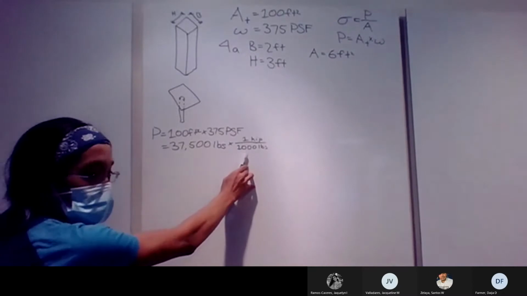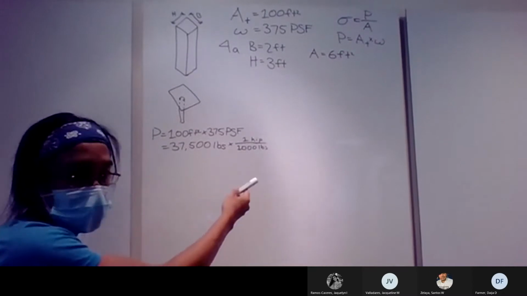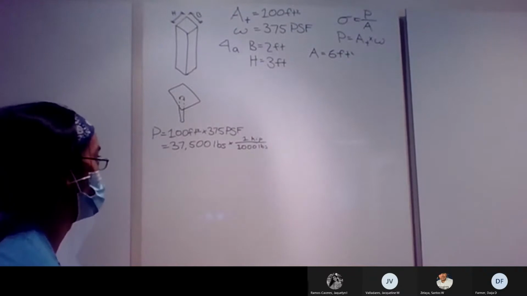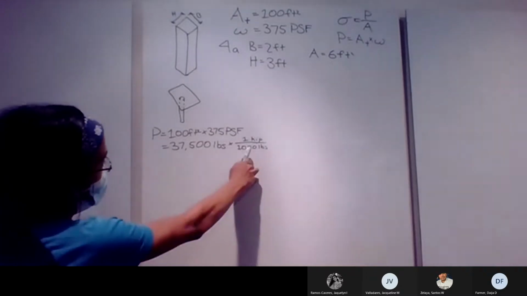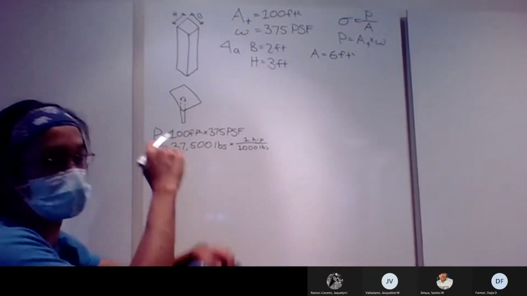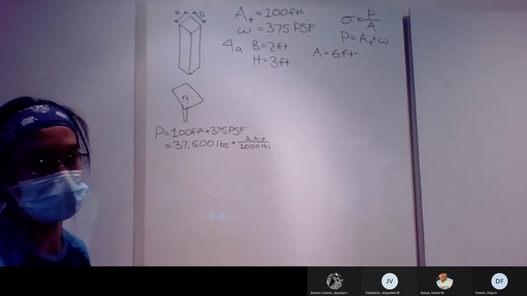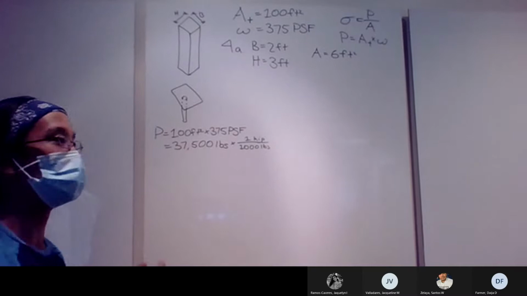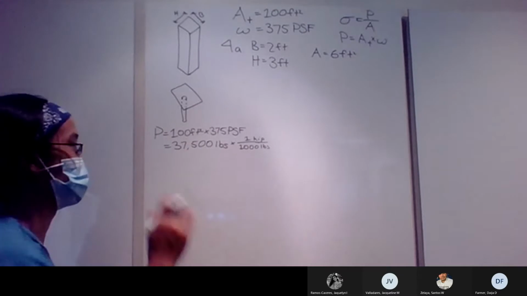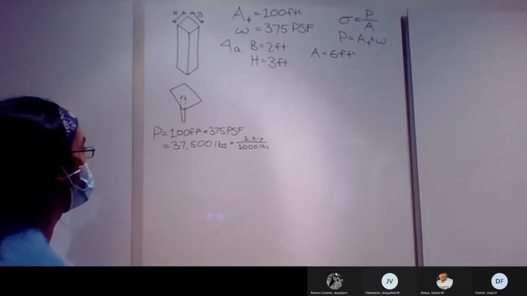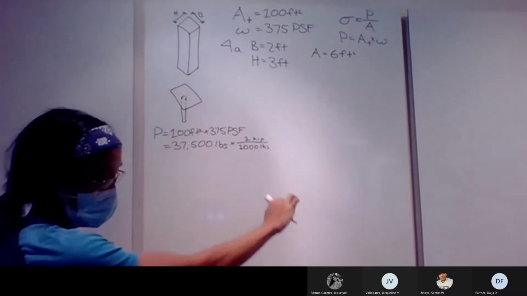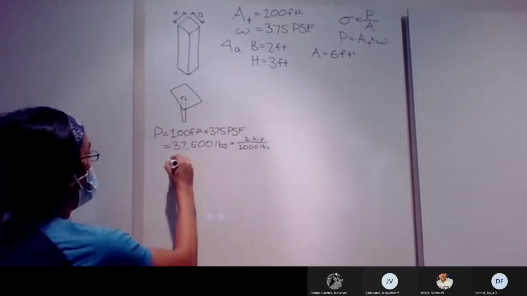This is essentially just multiplying something by 1, but we can change the unit. 1 kip is the same as 1,000 pounds. Put them on top of each other. We're just multiplying by 1, so we're not changing anything in the equation. We're just substituting pounds for kips. Pounds in the numerator and pounds in the denominator cancel out, so we're just left with kips.